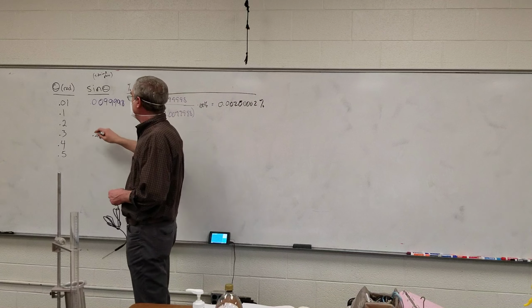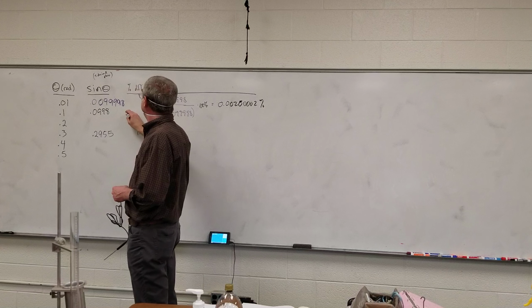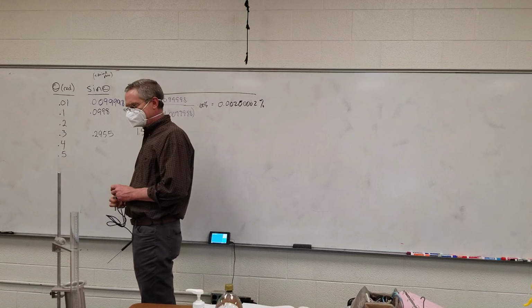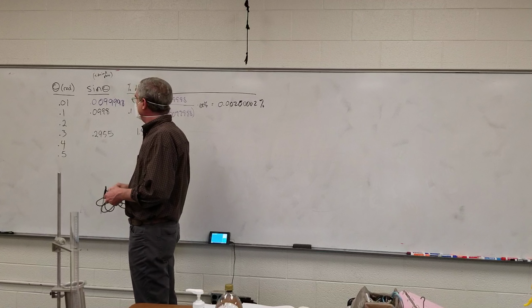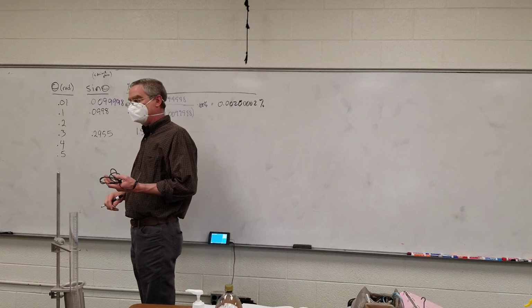Adam, you got your 0.1? Yeah, the sine of 0.1 is 0.0998. The difference is 0.1 minus 0.0998. Percent difference, right? Percent difference, all right, so 0.1 minus 0.0998, divided by the average of those two.